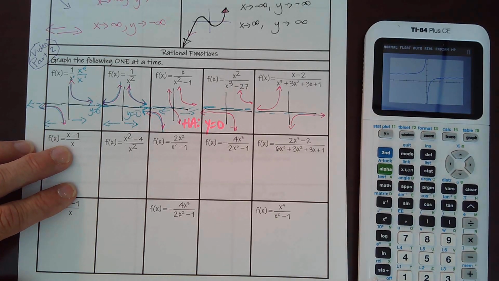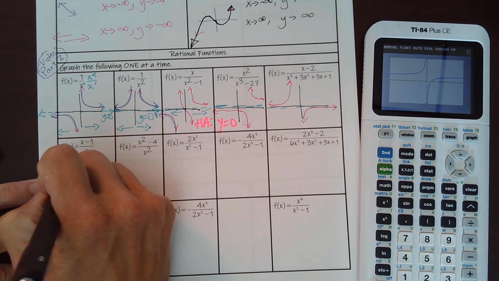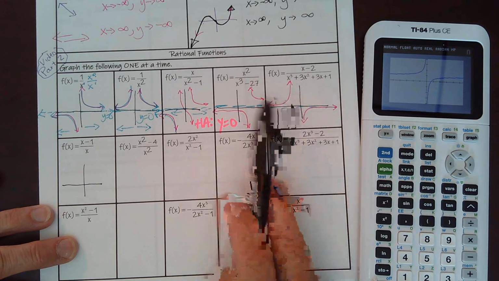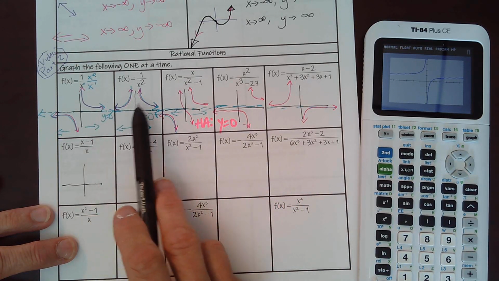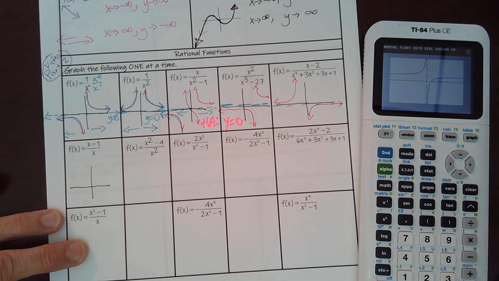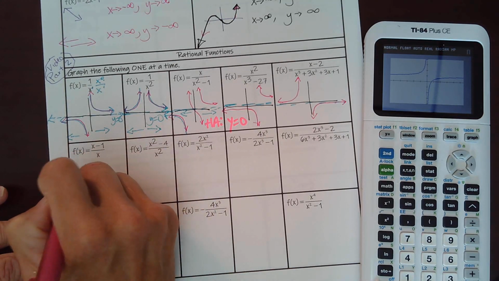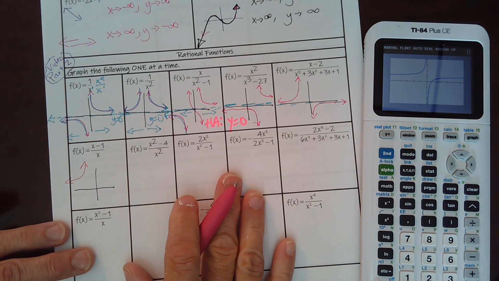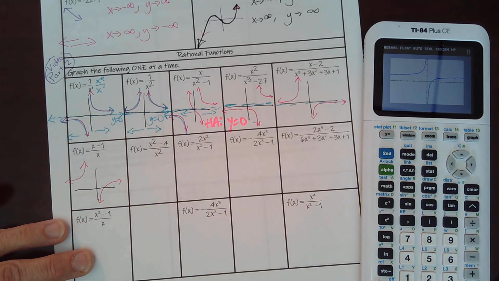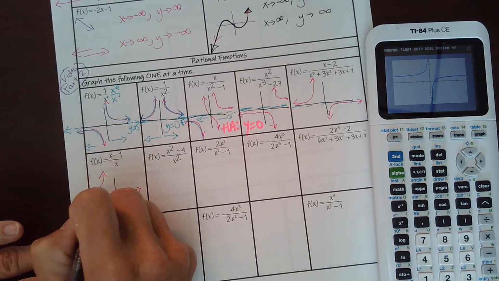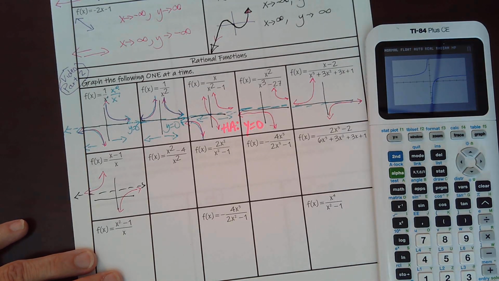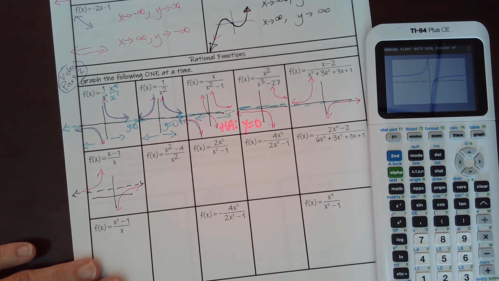So this particular graph looks very similar to these, but what you might notice is that your graph kind of looks like this. And there is a horizontal asymptote that goes between those two branches of the graph.